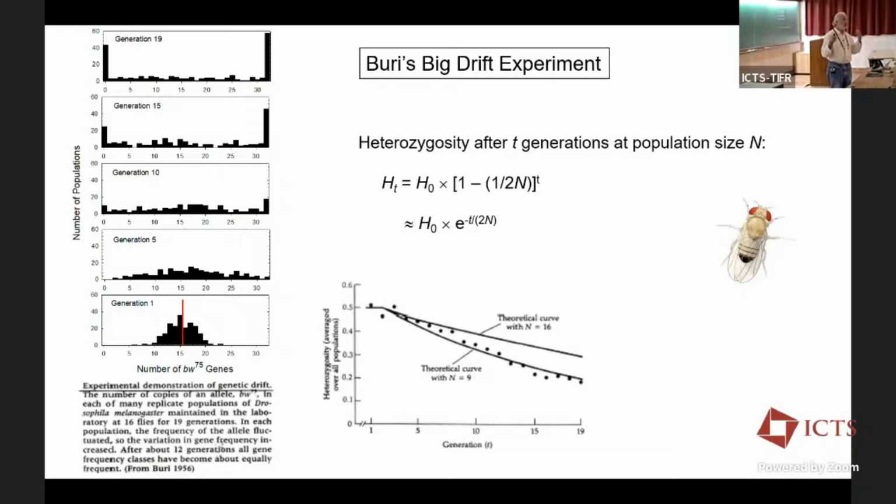So the absolute population size was 16 generation after generation, but it was effectively behaving as though there were only 9 individuals. There are lots of reasons this could be. Probably the main one would be variance in family size. Some individuals are more prolific than others, and that just sways the balance to a smaller effective population size.